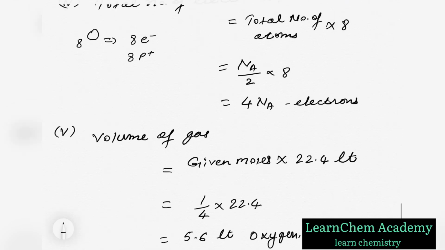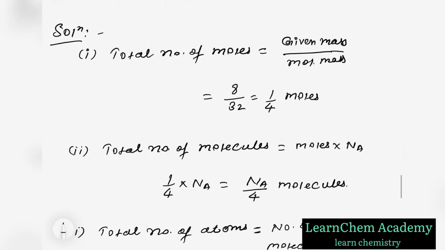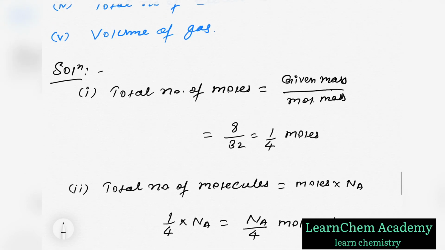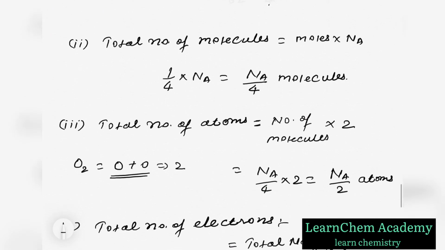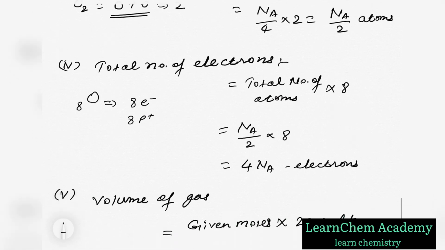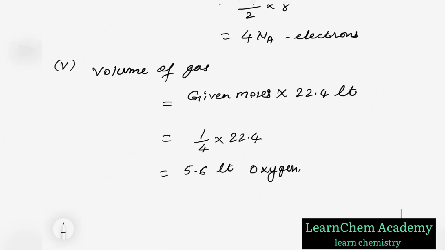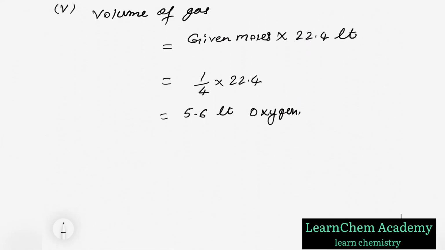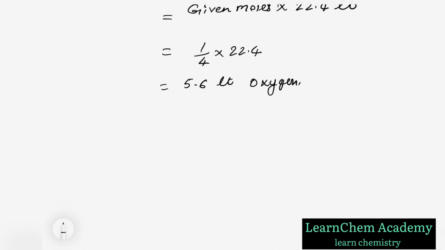So in this way we can calculate number of moles, number of molecules, number of atoms, number of electrons and volume of gases. So this is the very simple way. First, in any question we have to calculate number of moles by given quantity.